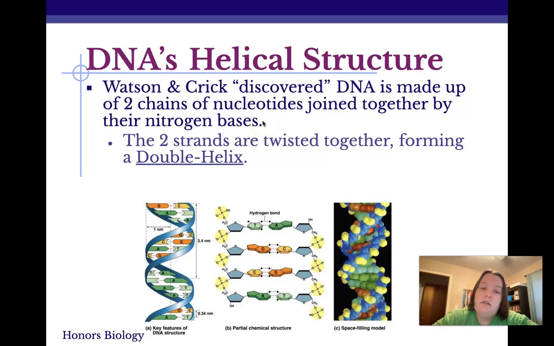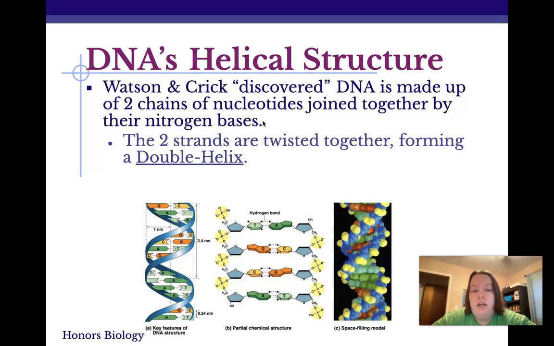It's because they stole the work of Rosalind Franklin to help come up with their discovery. She didn't get credit for her work until years later when they found out. But Watson and Crick got a Nobel Prize. But again, if they didn't have that work from Rosalind Franklin, they wouldn't have made their discoveries.